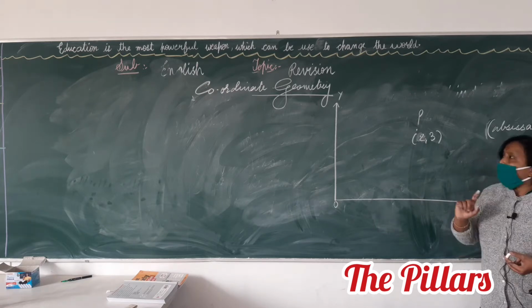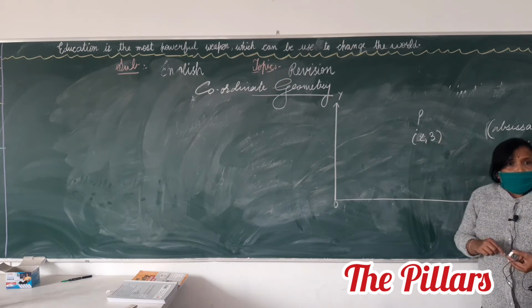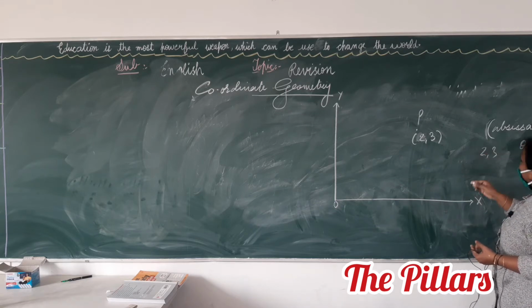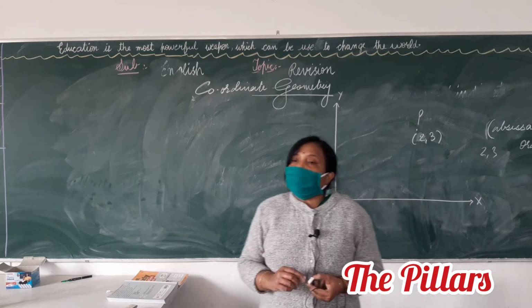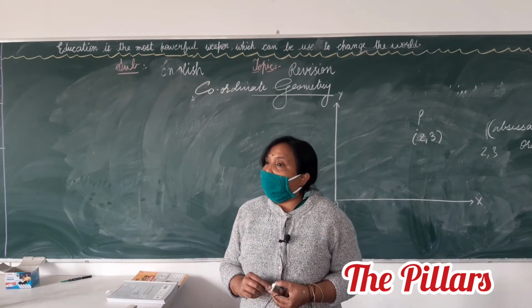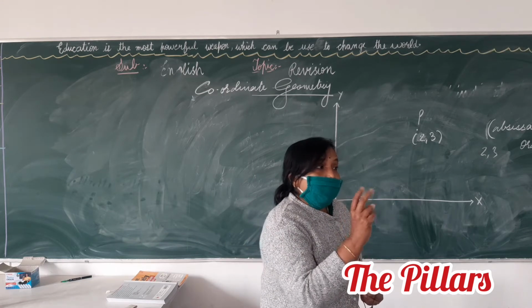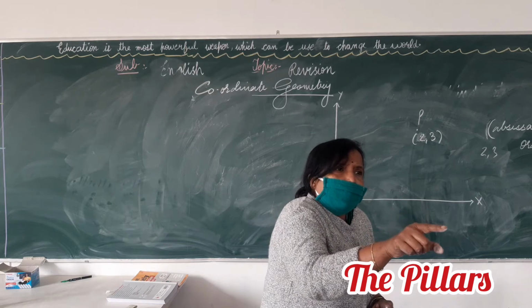Why have you kept it in a bracket like this? We could have written simply 2, 3. No. Why? Because when you keep it within the bracket, it becomes an ordered pair. What is the meaning of ordered pair?